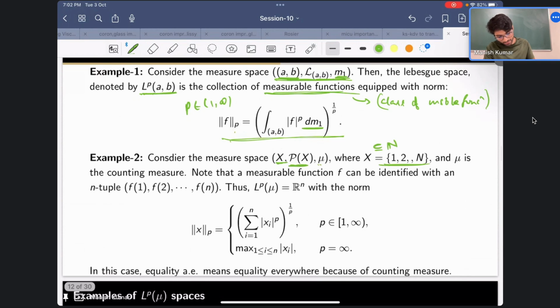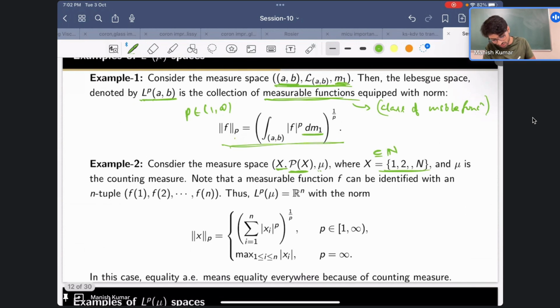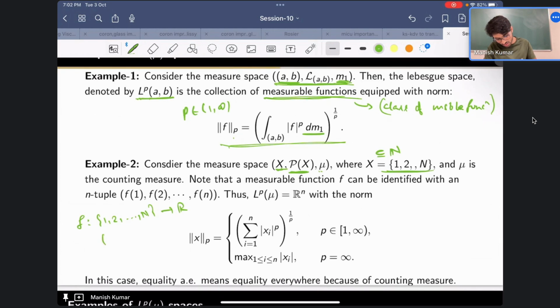If you take any function f defined on X, where X is 1, 2, 3, up to n, then f is a function from {1, ..., n} to the real numbers. I can represent this function in a different way, as a tuple (f1, f2, ..., fn).